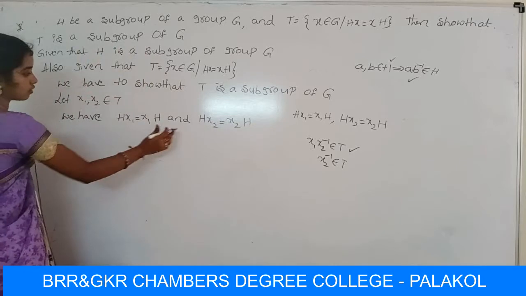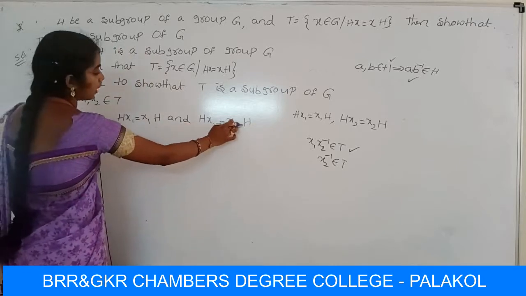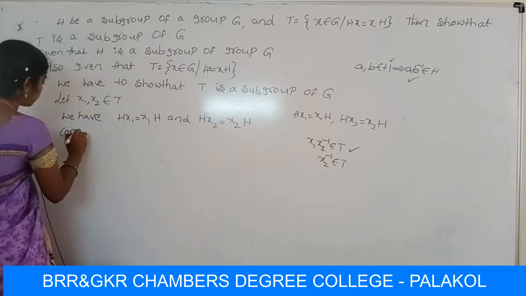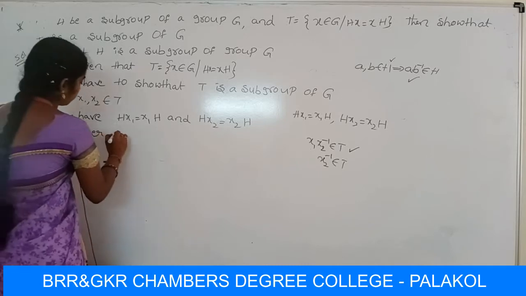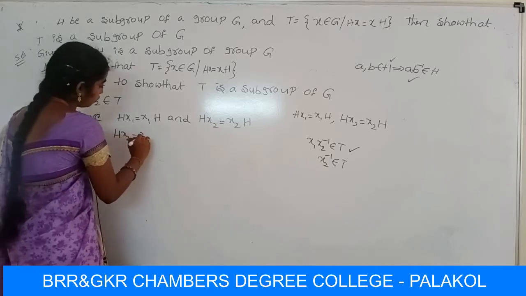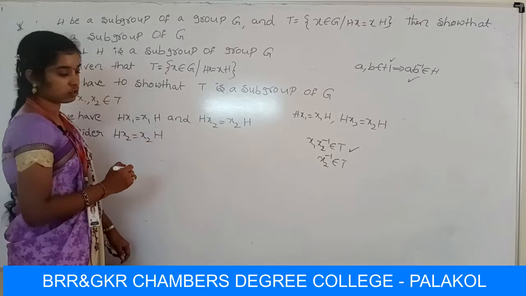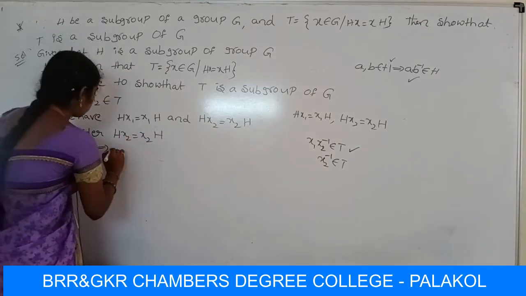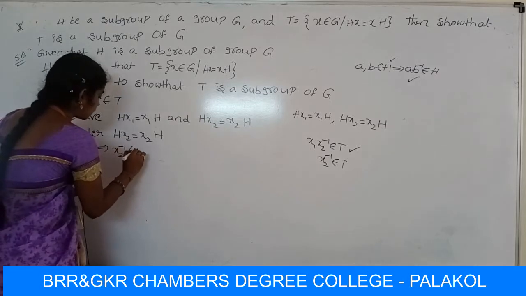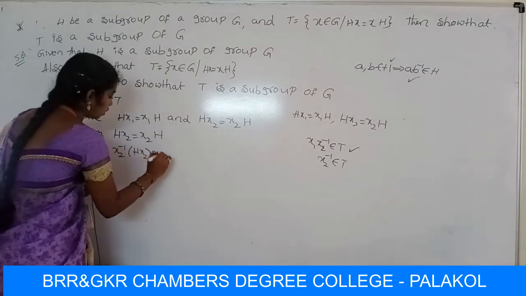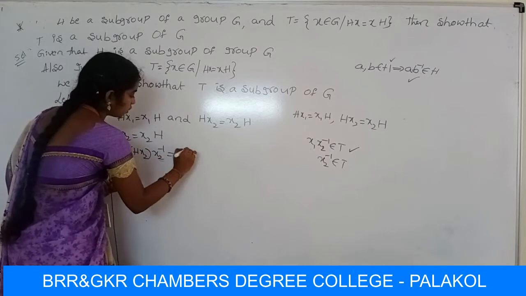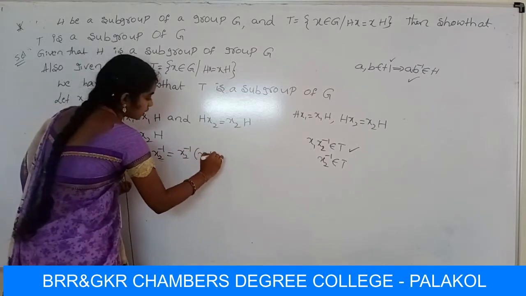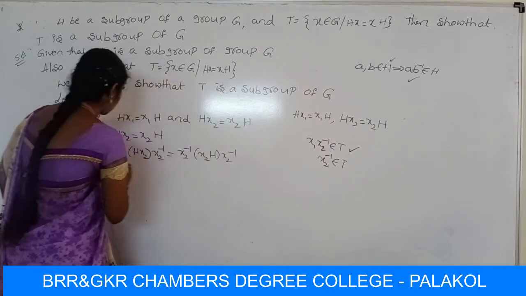So let us consider hx2 is equal to x2h. Both sides multiply on x2 inverse. So x2 inverse into hx2 into x2 inverse is equal to x2 inverse into x2h into x2 inverse.